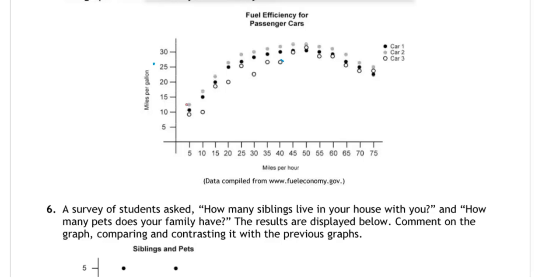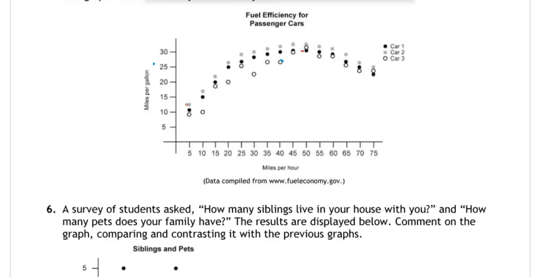And you have lots of various different ones. So you have car one, car two, car three going miles per hour and their miles per gallon. So you can see like car one, if I go ahead and look at what I've got here, it's going up and increasing. It gets to about this peak right here at about 30. So it looks like 30 miles per gallon is its best, most optimum gas mileage.